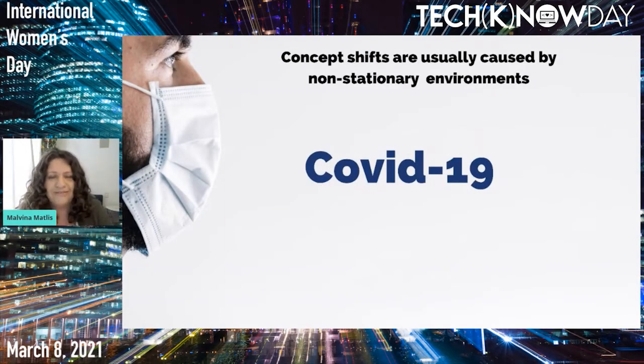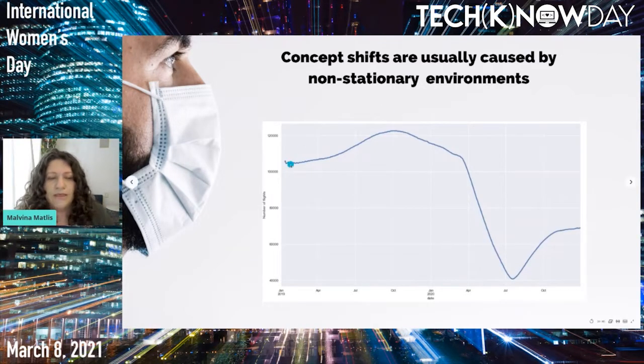Right now, we are all living in this huge, huge concept shift. COVID has changed everything that we know about our shopping habits, our mobility, our ability to analyze psychology, the way we talk, the way we move, the way we watch TV. Everything has changed. It's super important to understand that you can't have models that were trained prior to COVID and try to apply them right now in a world where everything has changed. This plot represents the number of flights from 2019 to the end of 2020.